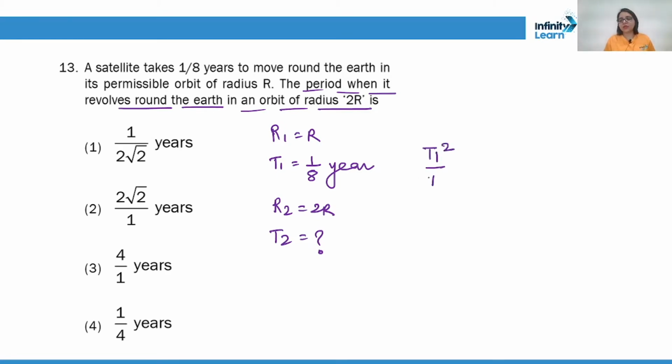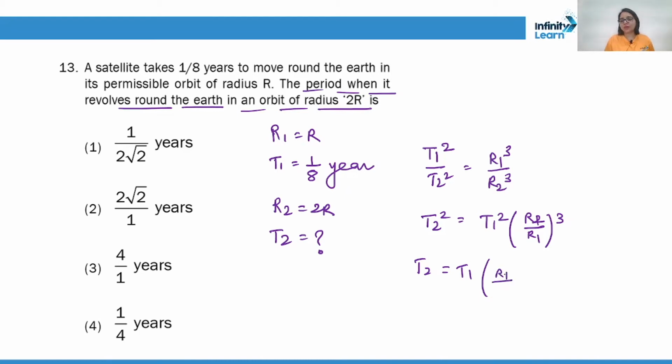T1 square upon T2 square is equal to R1 cube upon R2 cube. So you can write T2 square as T1 square into R2 upon R1 cube, right? So T2 will be T1 into R2 upon R1 power 3 by 2, right?